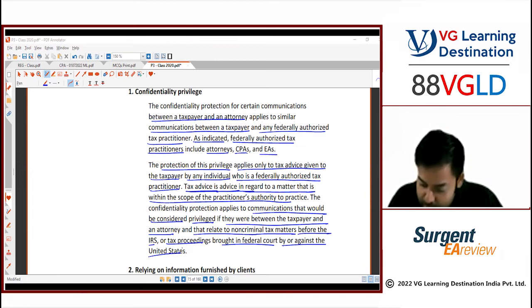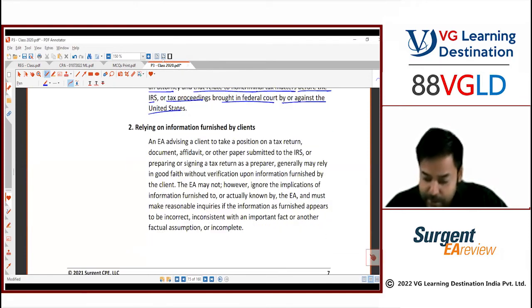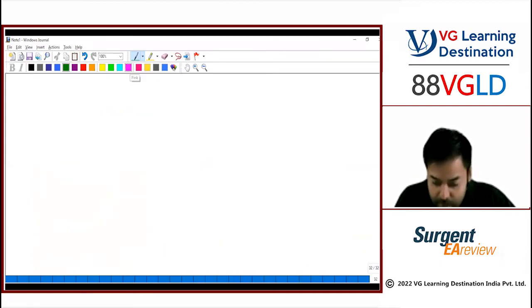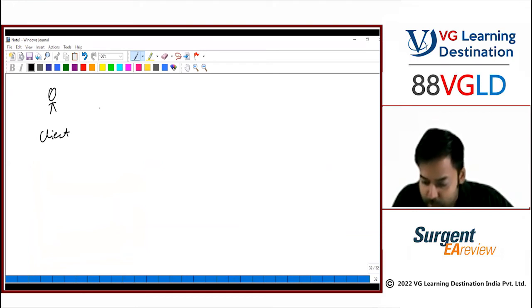Relying on the information furnished by the client. Okay, let's say this is the client and the client is giving you the information.